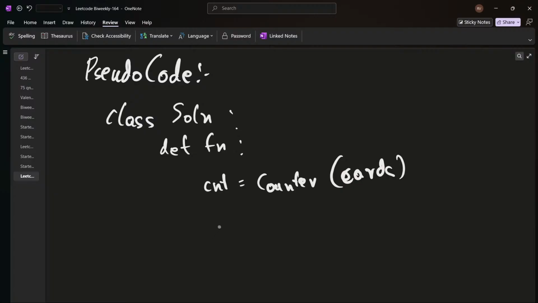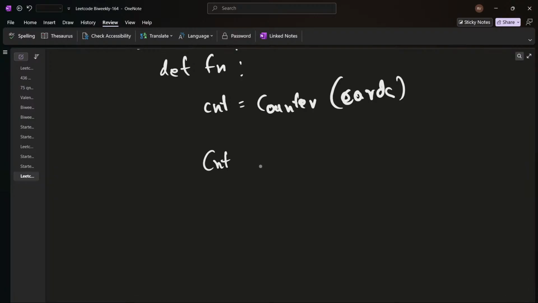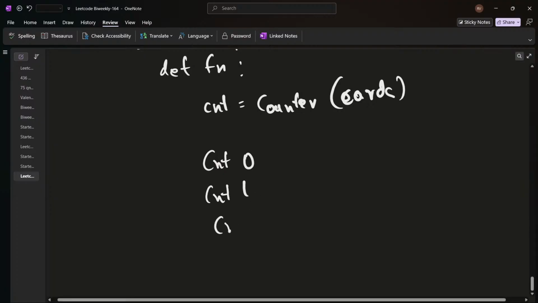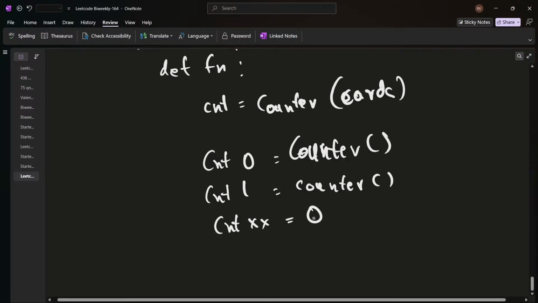Now we have three cases, right? Count 0, count 1, and count XX. Counter 0.